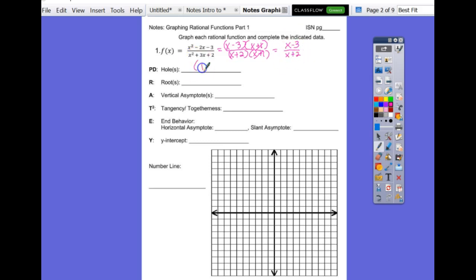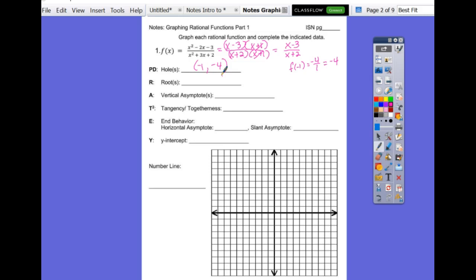So that means I get a -1 for the point of discontinuity. So then I'm going to take the -1 and plug it back in here. So I get -4 over 1. Is that right? Yes.